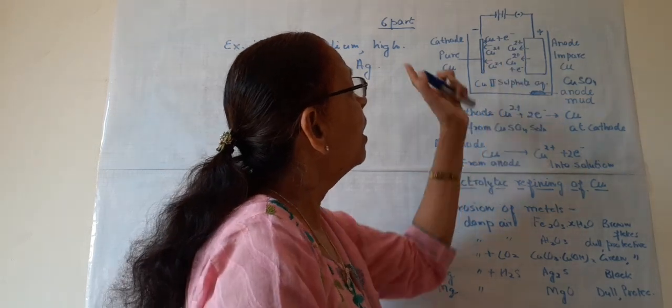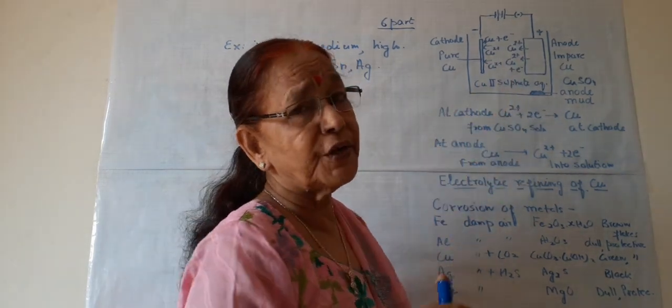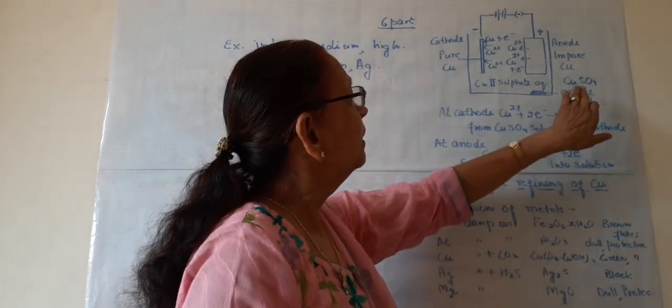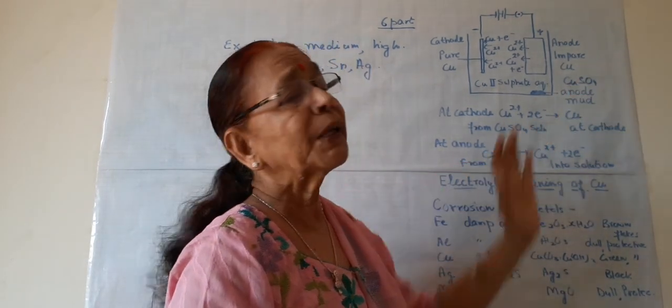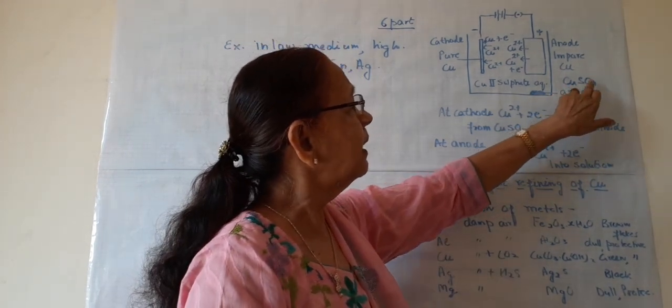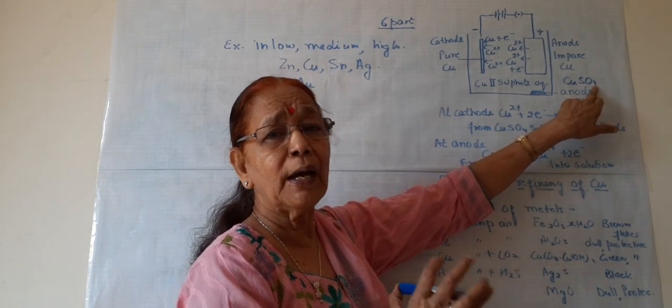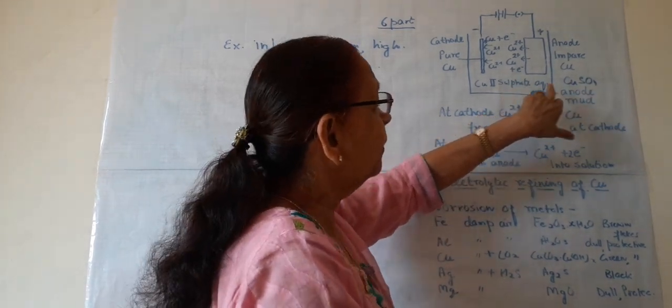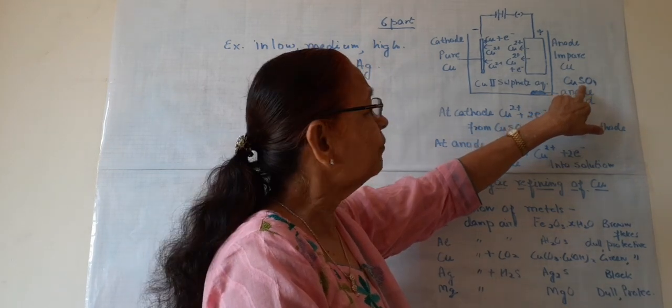Now, how is this purification or refining done? First of all, CuSO4 breaks into ions. Copper ions and sulfate ions are separated in this vessel. This is an electrolyte, this is the salt solution of copper.